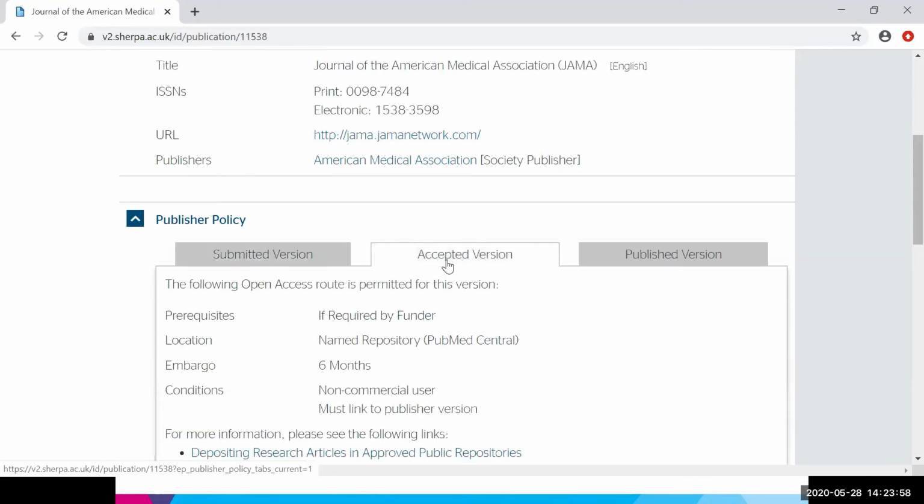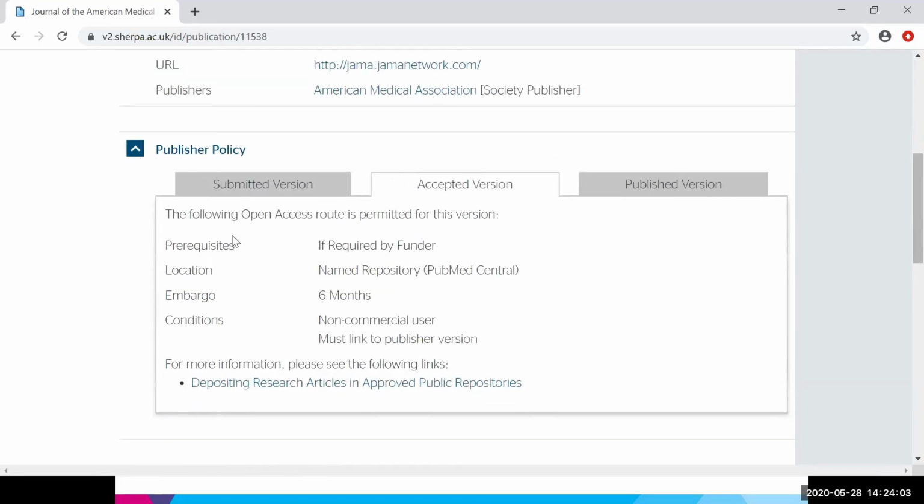For the accepted version, they are a little nicer, but only a little bit nicer. So these do get a little bit complicated. Essentially, what this means is that you can self-archive your postprint or accepted version on PubMed Central, and that's only if it's required by the funder.